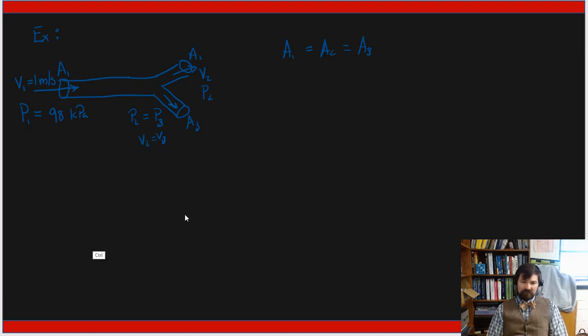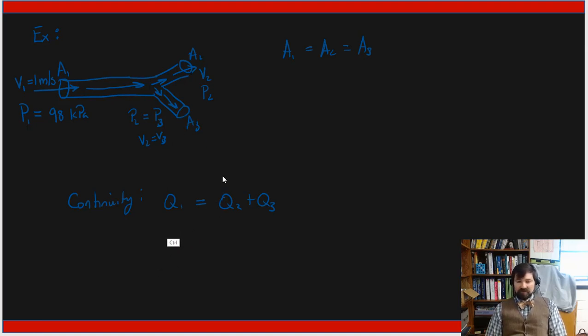So to solve this, continuity says Q1 is equal to Q2 plus Q3. Why is that? Because this is what we have going in, this continues along to here, and then at this point it splits two ways. So if I have a liter going in here, I have a total of 1 liter coming out between these two openings. So half a liter could go here and half a liter could go here, for example.